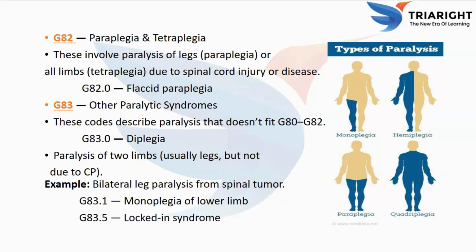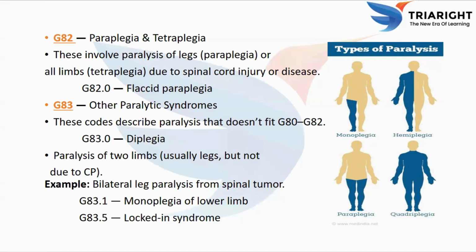What are the common causes? Spinal cord trauma or fracture, spinal tumors, spinal infections, and also multiple sclerosis. For example, G82.0 is for flaccid paraplegia, where the legs are completely weak and no muscle tone is observed. Whenever flaccid paraplegia is diagnosed, you have to assign the code G82.0.